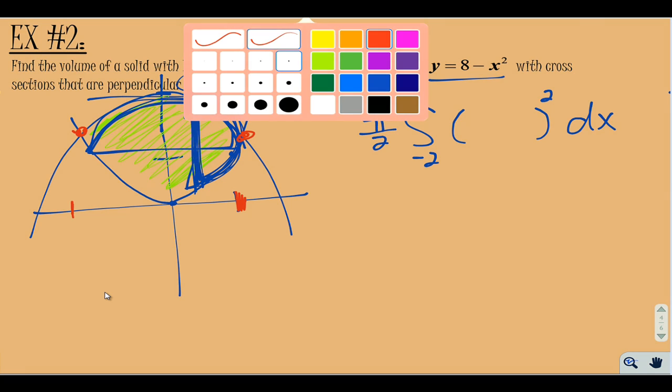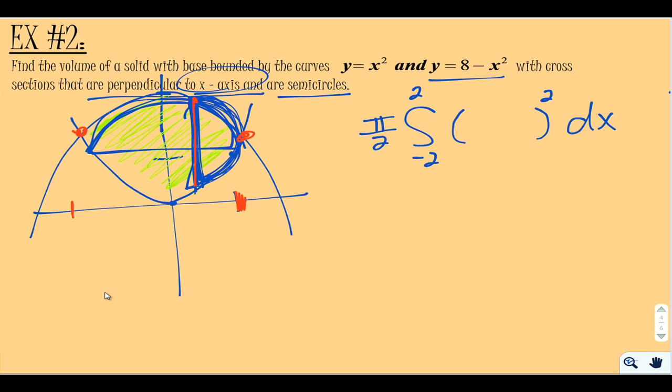Looking at our picture again, here's our little semicircle, and it shoots out like this, three-dimensional, so it kind of looks like this. So can we find the diameter of this circle all the way across? The diameter is the distance from the top here to the bottom here. So how do I find the distance from the top to the bottom, or the diameter of this semicircle?